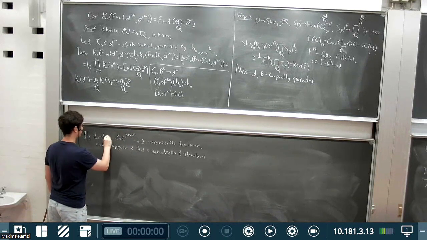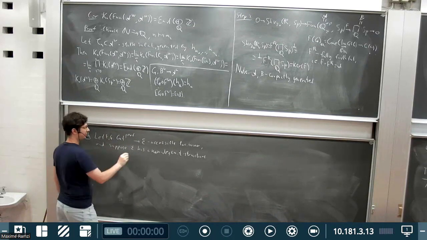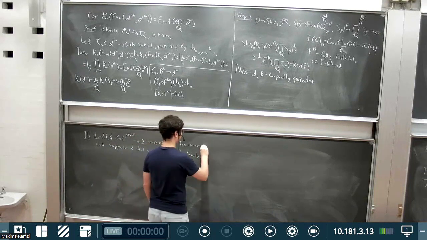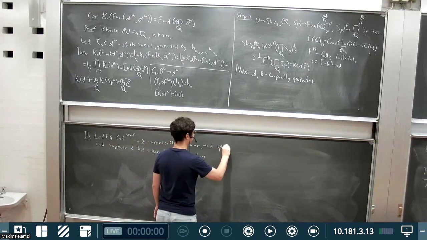Suppose that we have two functors f and g and a map between them, phi from f to g.